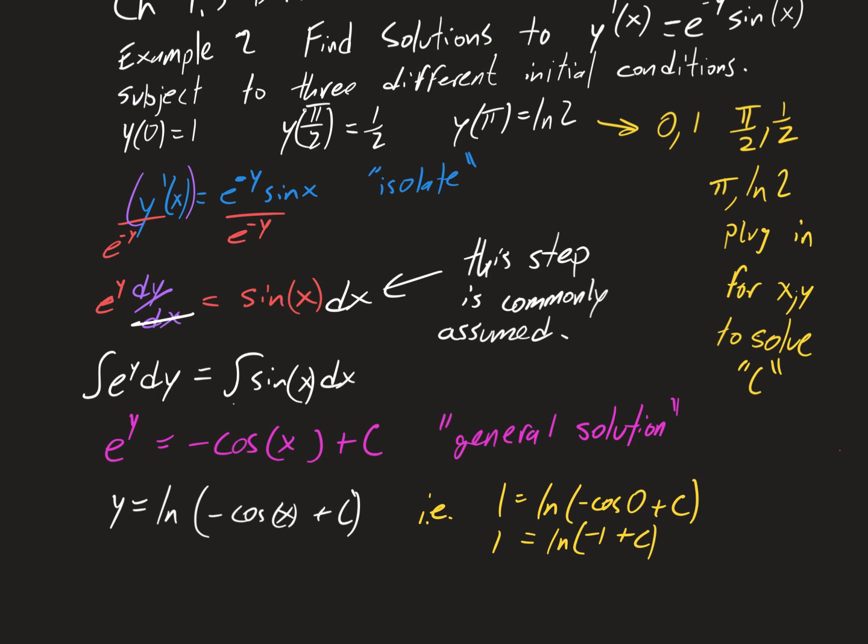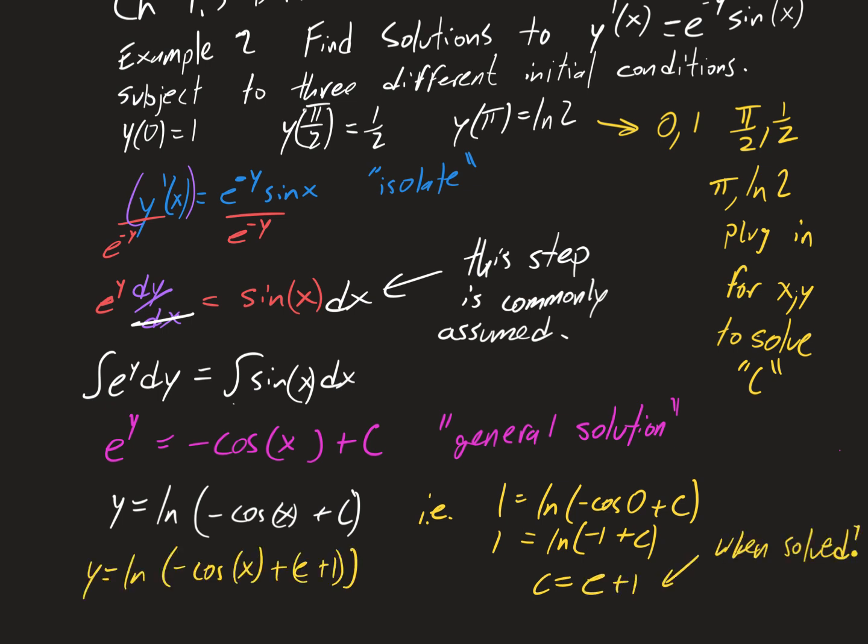Okay, and then basically what we'll discover is that c ends up being e plus 1. So you could repeat this process with the other coordinates that we were given, like pi over 2 and 1/2, and pi and natural log 2. And this right here is our specific solution, which refers to having that c value solved out. Okay, so this is the general idea.